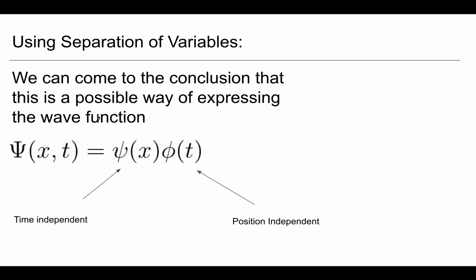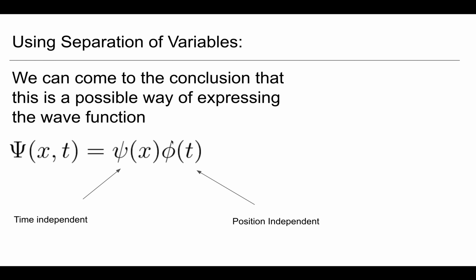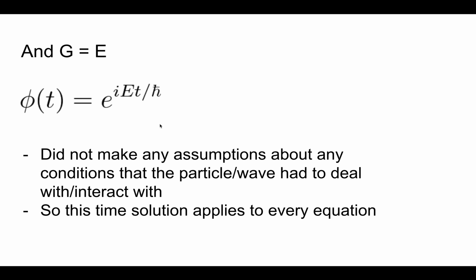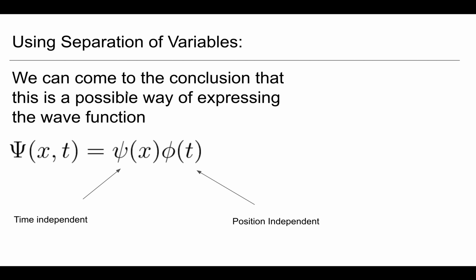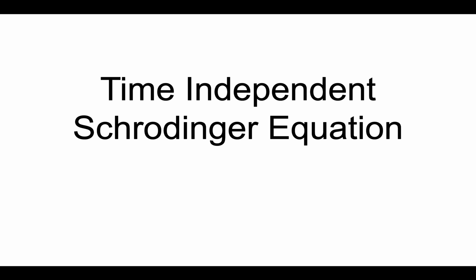Now, psi of x usually depends a lot on the potential, but we always know that phi of t will be this equation. And as long as we can get the energy somehow, we will be able to use that equation, which is extremely useful, that we don't actually need to know anything about the equation or the conditions to be able to get the phi of t. And that's pretty much the gist of the time-independent Schrodinger equation.